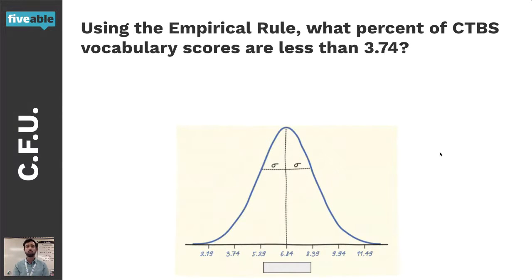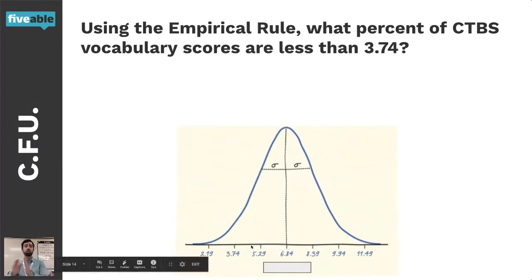So let's say I wanted to use the empirical rule to figure out what percent of scores are less than 3.74. If you notice on our curve, 3.74 is going to be 2 standard deviations below the average.